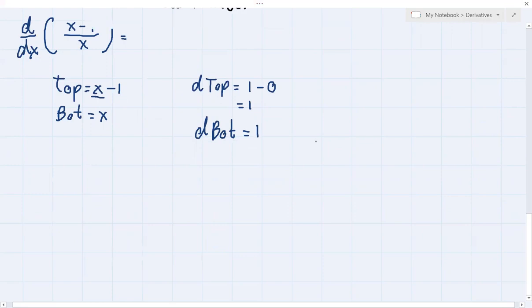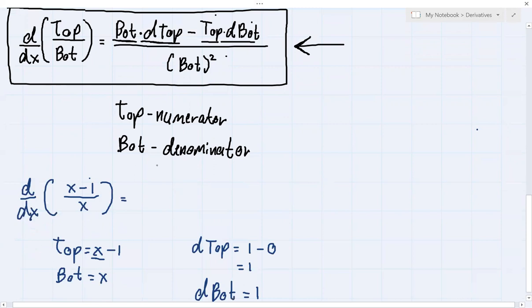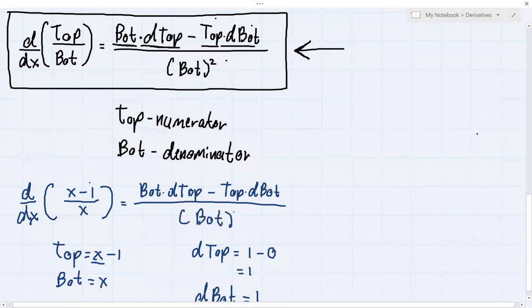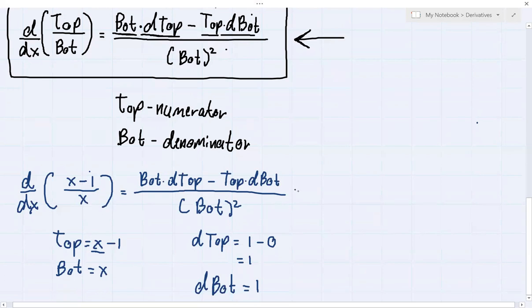That's it. Now let's substitute into the formula. Bottom times the derivative of top, or bot times d top, minus top times d bot, all over the square of bottom. That would be far better.